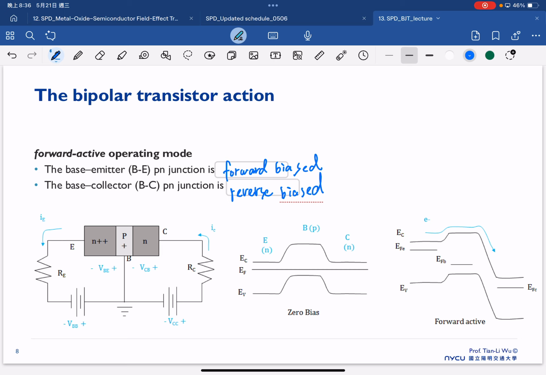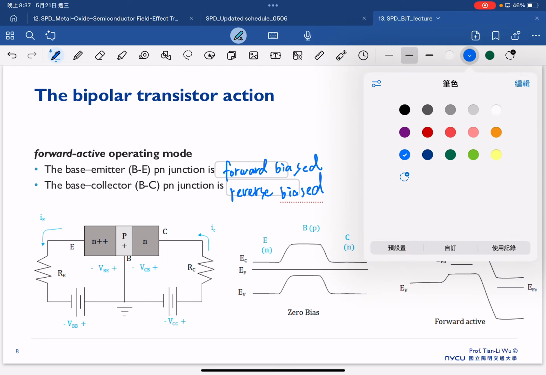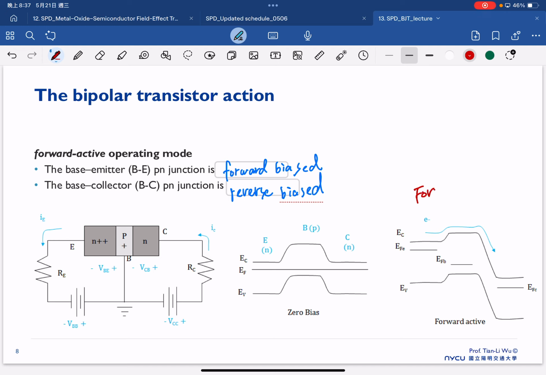So that means that in this case, the forward and reverse bias will cause a band diagram like in this way. So this is a BJT, an NPN. And because of forward bias here, the barrier here is reduced. And because of the reverse bias here, actually the barrier here is increased.